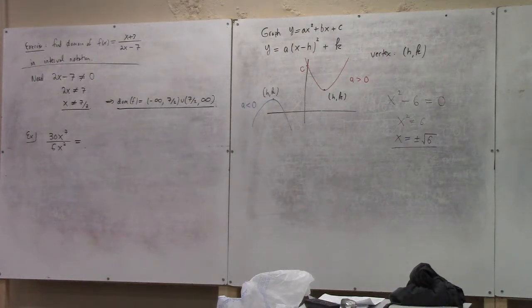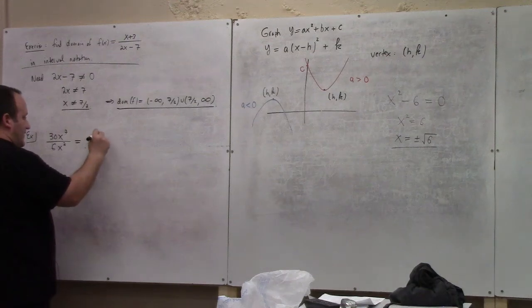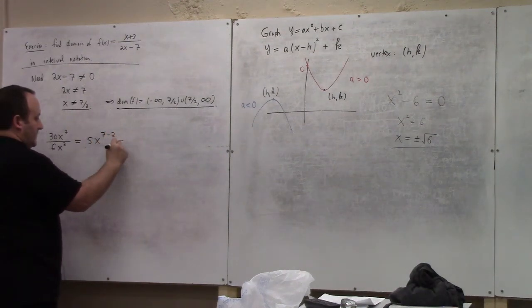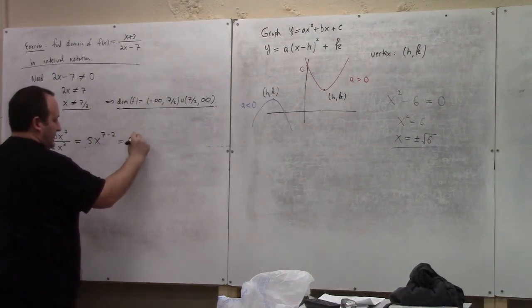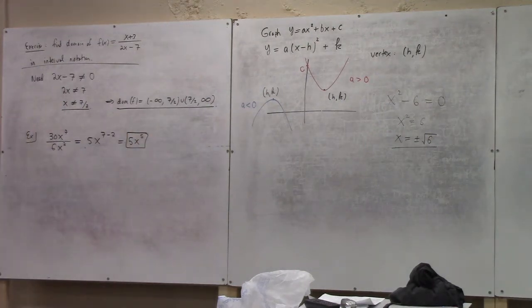And so what do you do there? What's 30 over 6? 5. So we get 5 times x to the 7 minus 2, right? So we've got 5x to the 5. That would be the answer here. Simplify that expression.